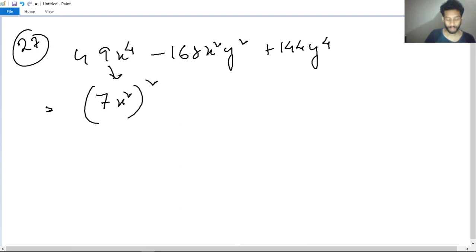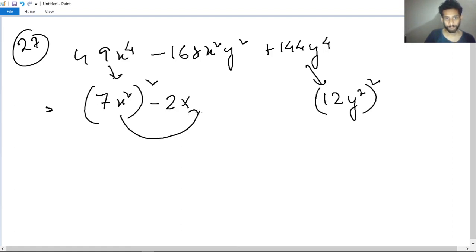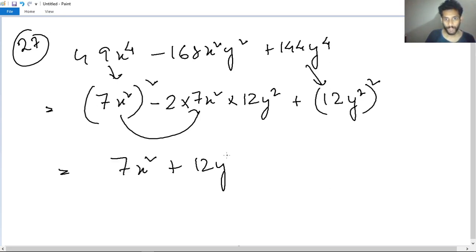So this is a whole square. Next part is this one, 12y square whole square. So now the middle part is obviously twice into 7x square into 12y square. So 7 twos are 14, 14 into 12 is 168. So the result will be (7x square minus 12y square) whole square. So this is the answer.